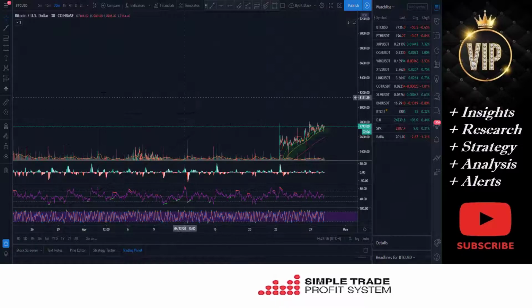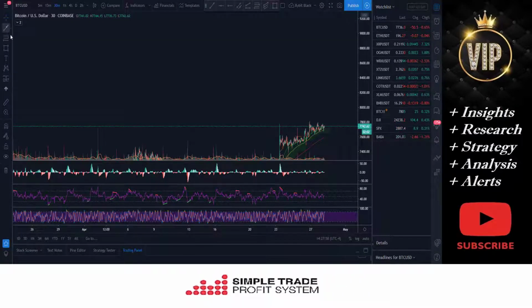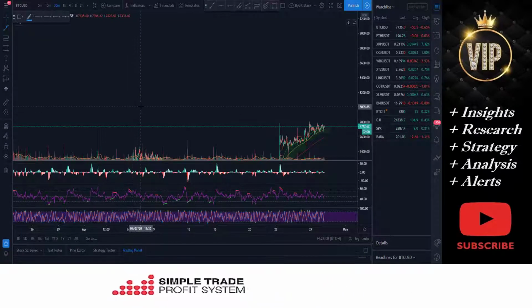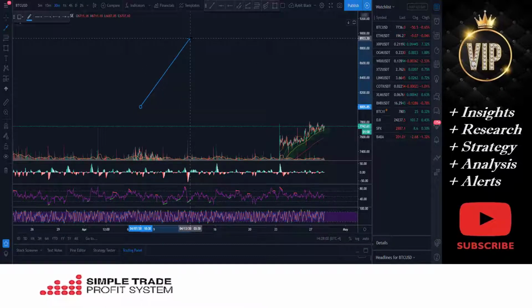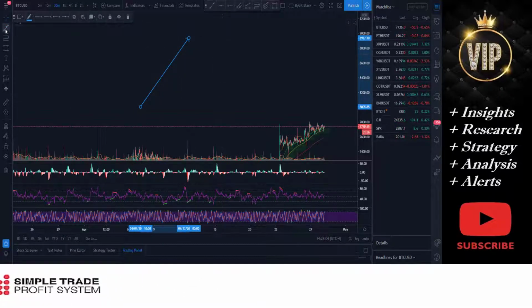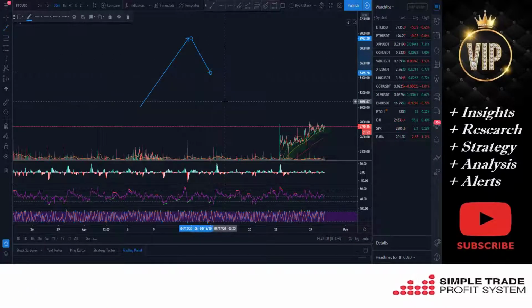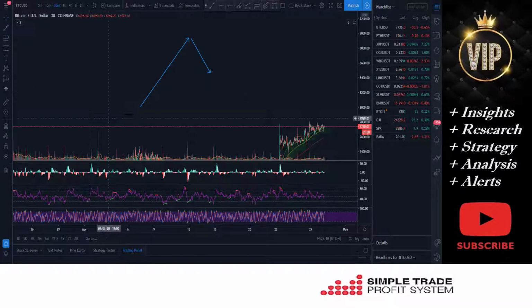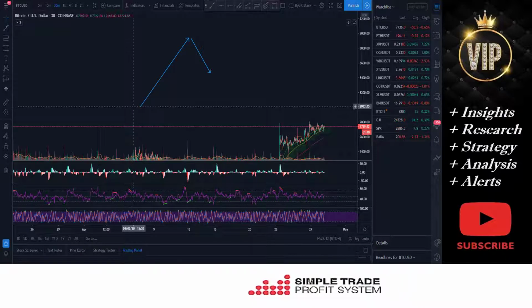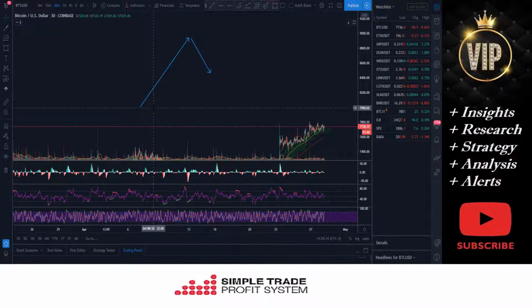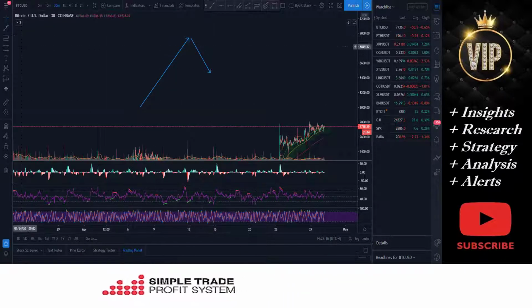So look over here. I'm going to show you an example of a market. Let's say we're trending up and then we have a pullback. So what you can do is you take your Fibonacci tool and you draw it from swing lows to swing highs. In this example, here would be the low, here would be the high.